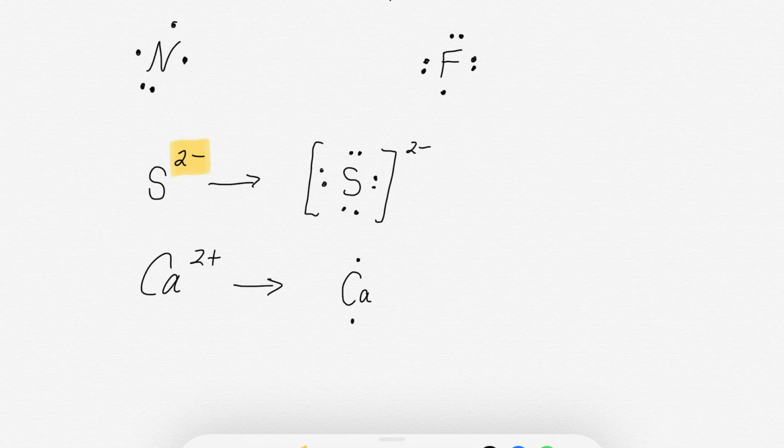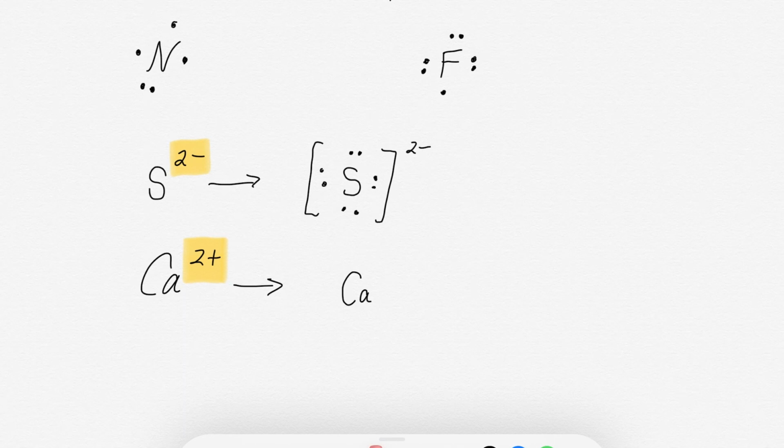But going back, what does it mean that this has a 2+ charge? Well, it means that we've lost 2 electrons. And which electrons have we lost? Well, I bet you can guess the 2 that are there. So those have to go away. And so calcium's would simply be this.